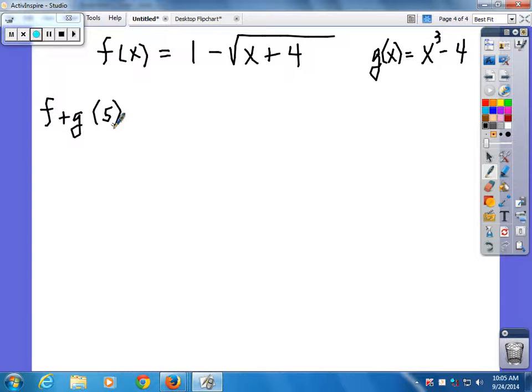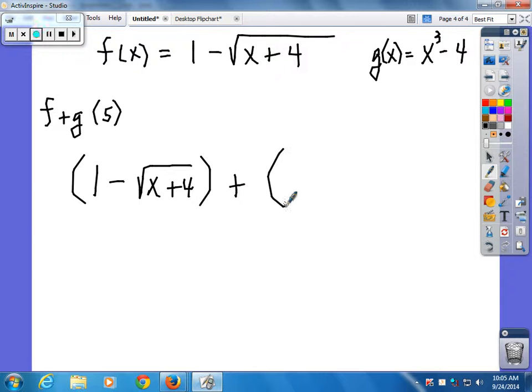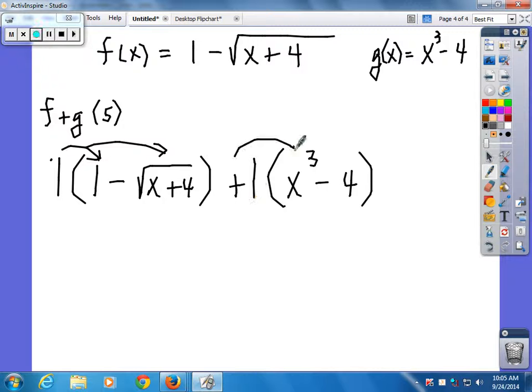And they said they want f plus g of 5. So that means we've got to do f plus g, and then after we do f plus g, you plug in 5. So 1 minus the square root of x plus 4 plus x cubed minus 4. There's 1 here, and there's 1 here.